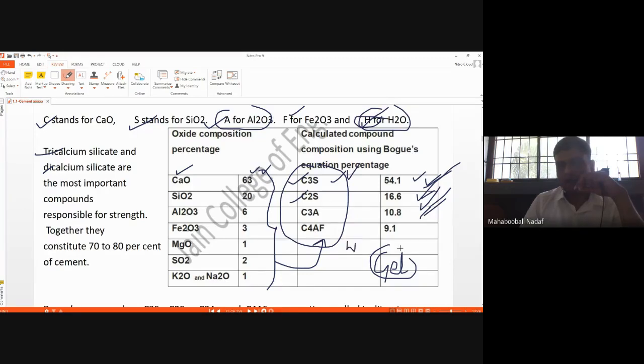When the gel hardens, it gives strength. That is why C3S and C2S are important, as they are responsible for strength. Combined, they make approximately 70 to 80% of the cement composition.